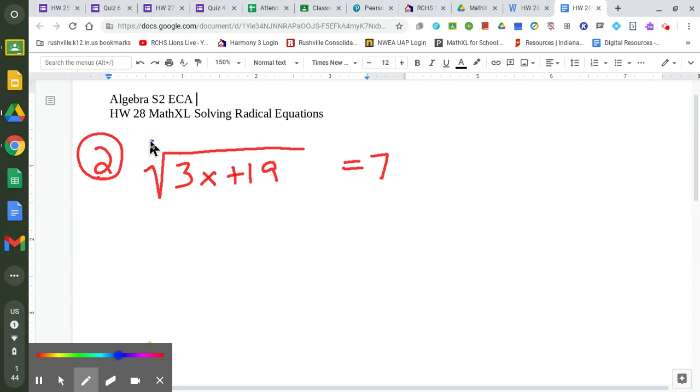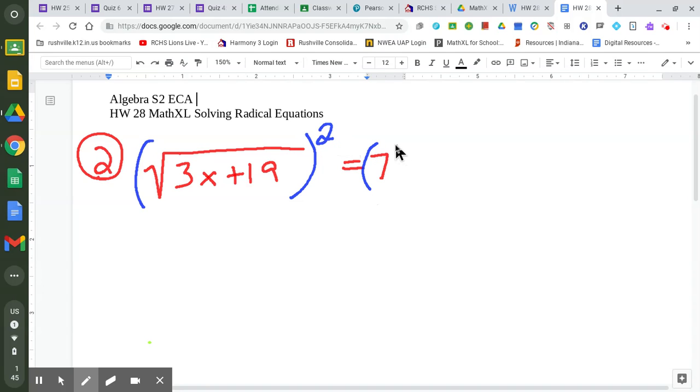So I'm going to square each side of the equal sign. When I do that, the square root box goes away, and I'm just left with 3x plus 19 equals, and then 7 squared is 49.